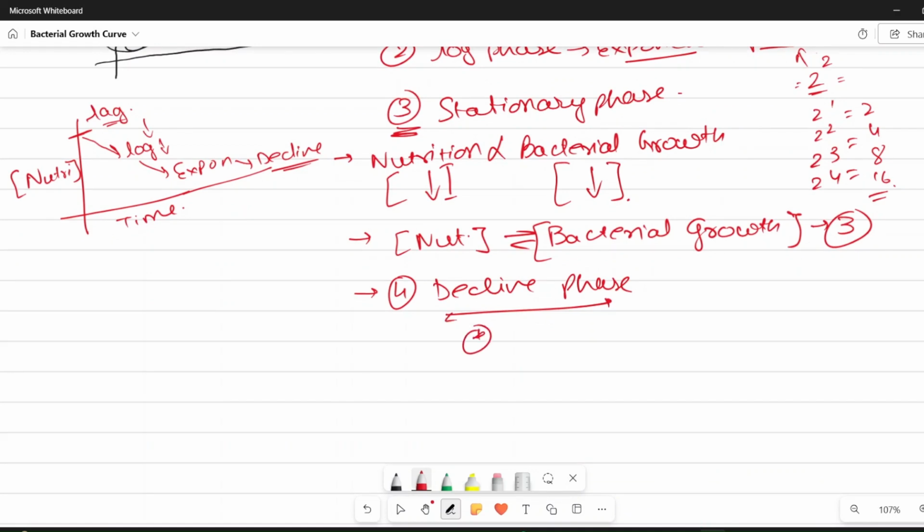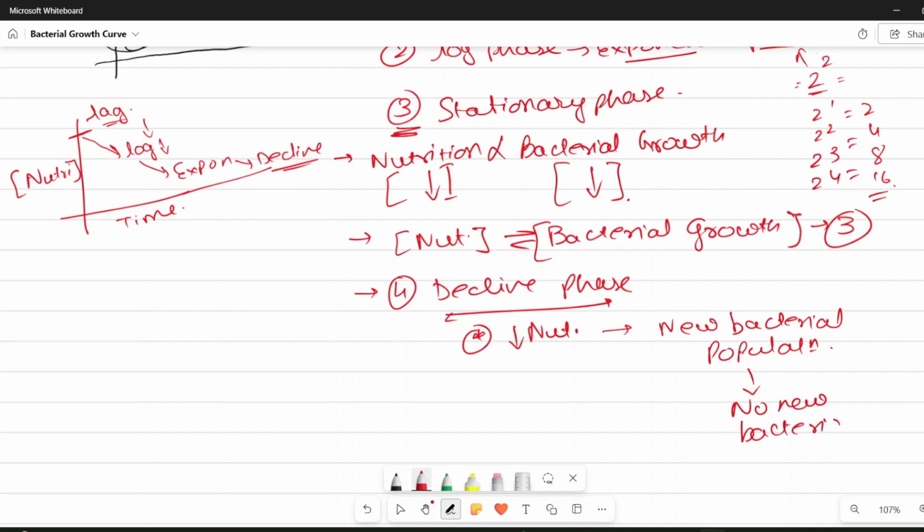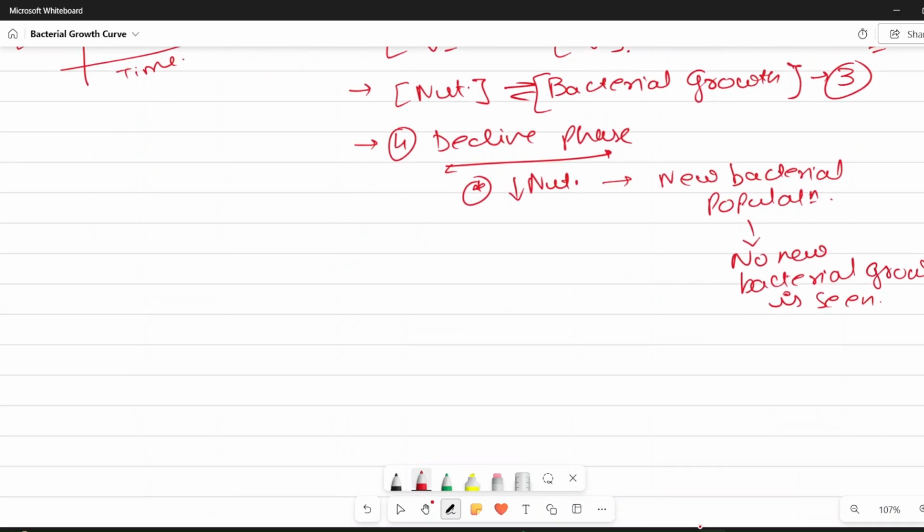First is obviously the nutrition in the media has been depleted, so that hinders the new bacterial population, which means that no new bacterial growth is seen.